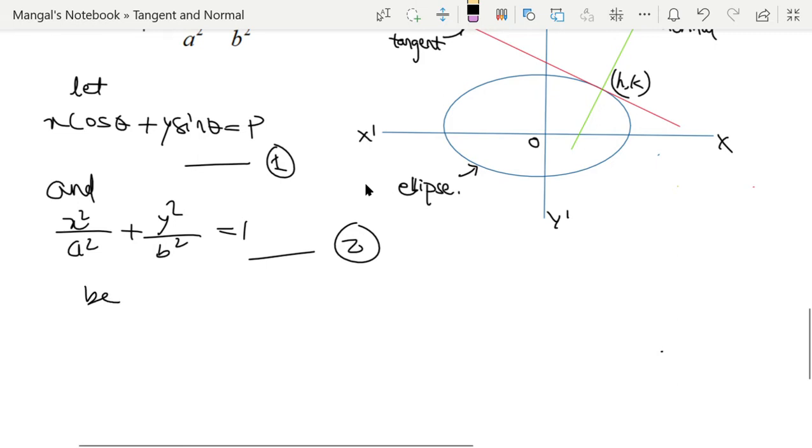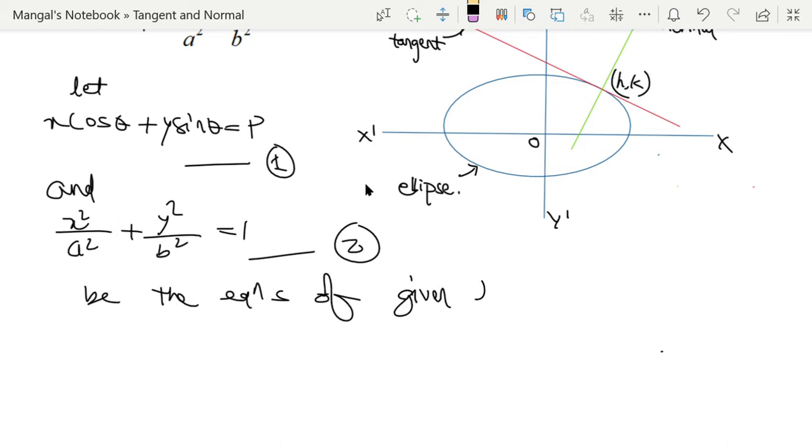So these are the equations of the given line and ellipse respectively.